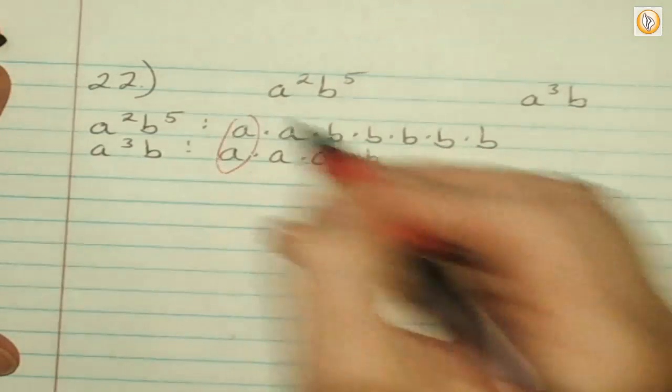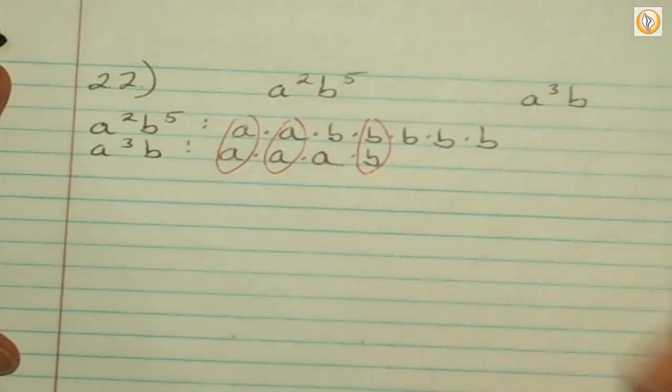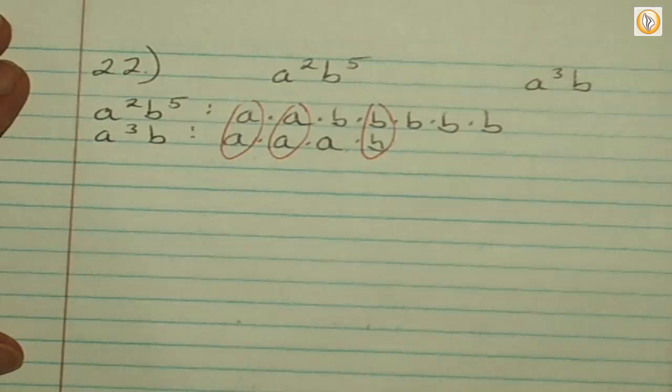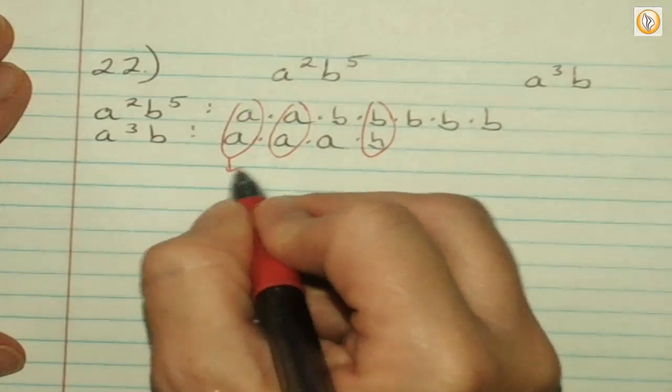A, B. That's it, right? Is that it, Michael? Yes. Okay, good. He's correct.